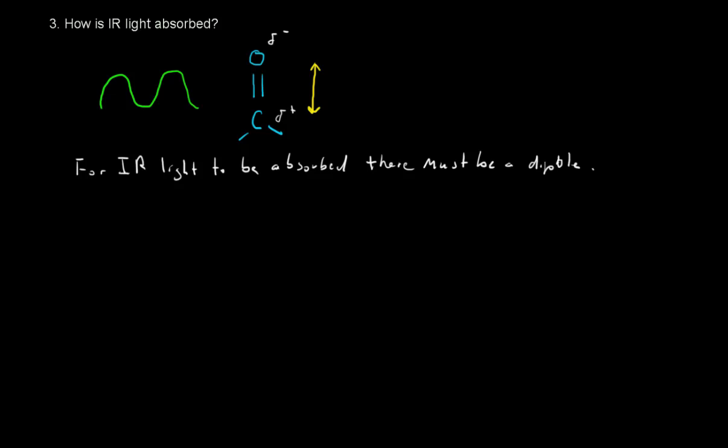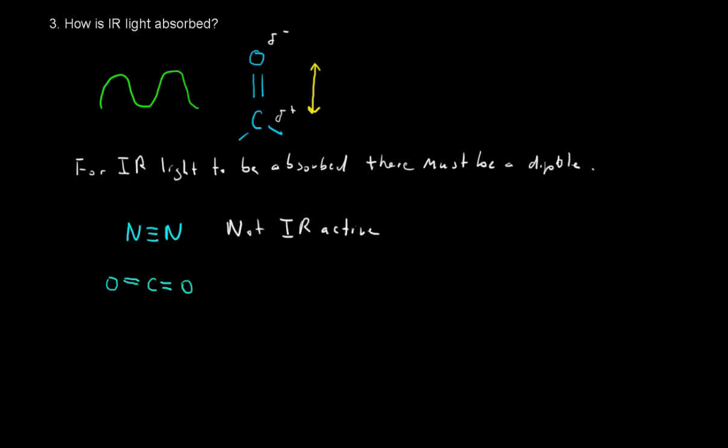If we look at a couple of examples, we could take a common diatomic molecule like nitrogen. Nitrogen has no dipole and therefore is not IR active. So if you take an infrared spectrum of nitrogen, you don't see anything. Contrast that to carbon dioxide. We know that the carbonyl bonds in carbon dioxide are polar, and therefore there are vibrational modes that are IR active.